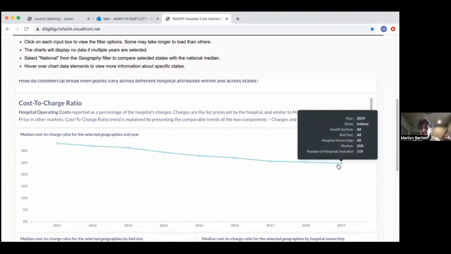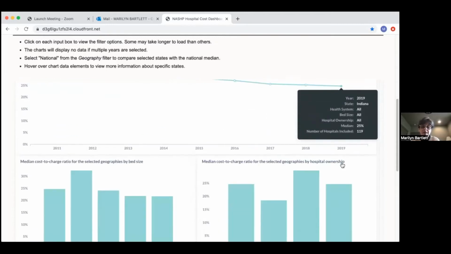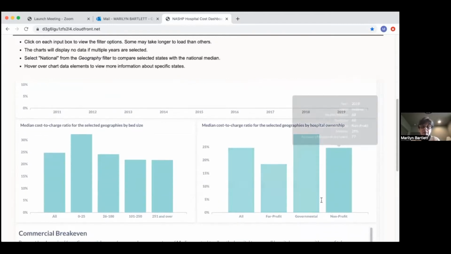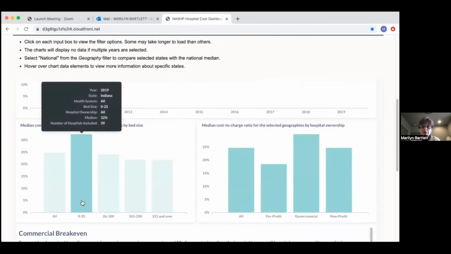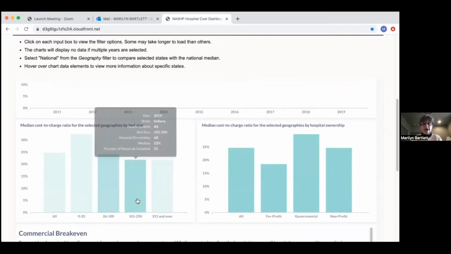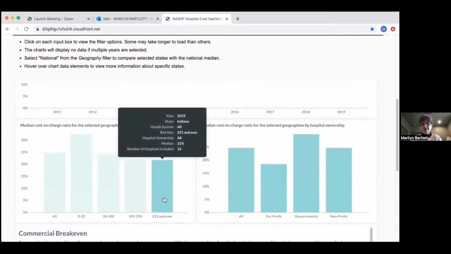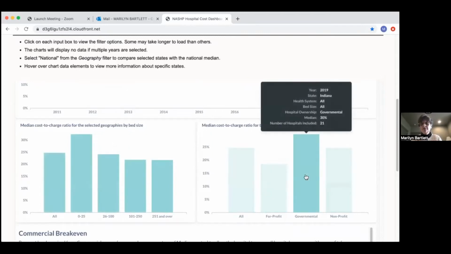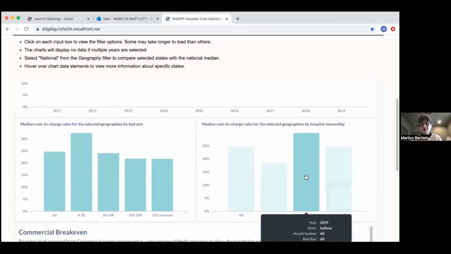And we'll talk about that a little bit more when we look at individual hospitals, but the median for Indiana is 25%. Again, breaking it down, we see a different graph here, which isn't surprising. The critical access hospitals often have the highest cost to charge ratio, and then it will slowly decrease down to a 22% median for the larger hospitals. Government hospitals, a higher 30%.